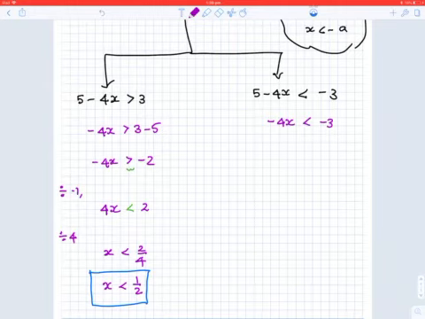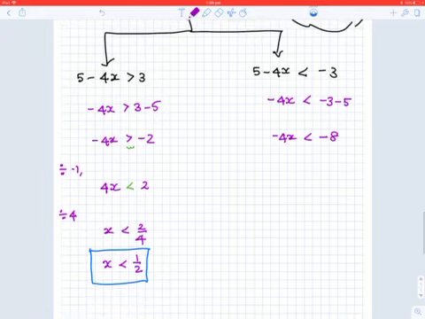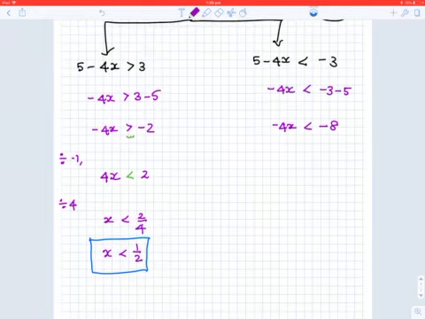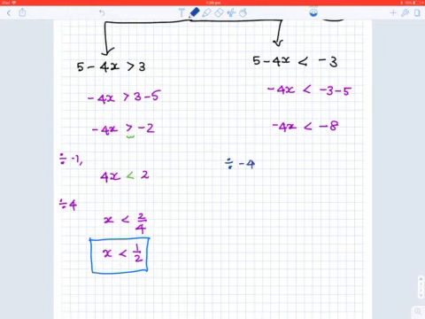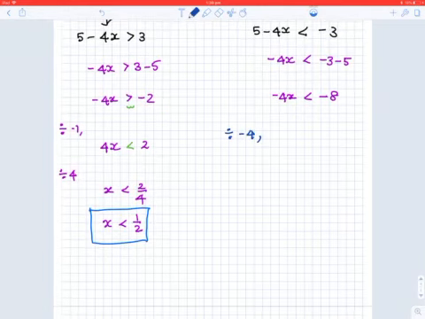Then we go to the next equation, 5 minus 4x is less than minus 3. Subtracting 5 gives minus 4x is less than minus 3 minus 5, or minus 4x is less than minus 8. Sometimes people get confused, that's why I divided by the negative first.